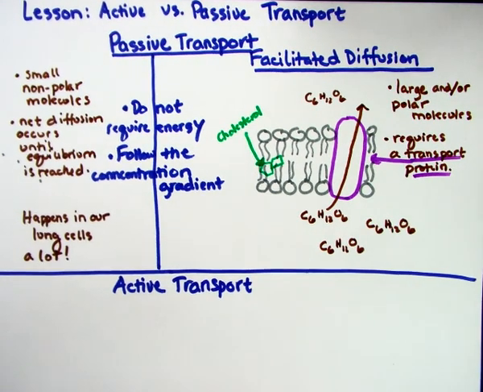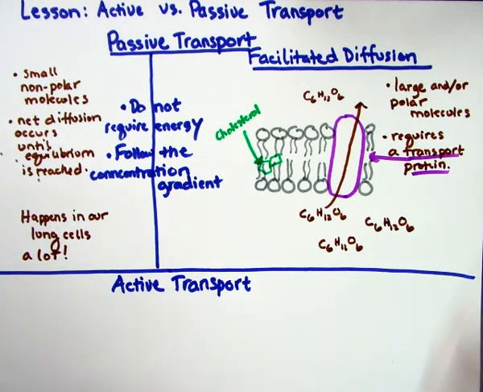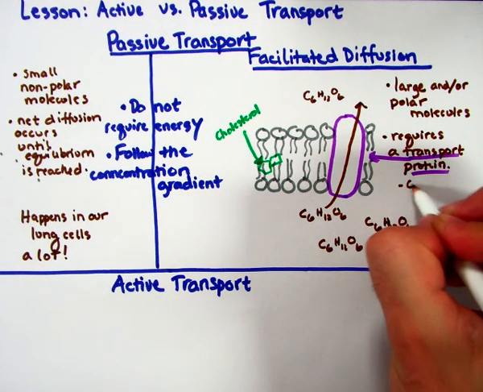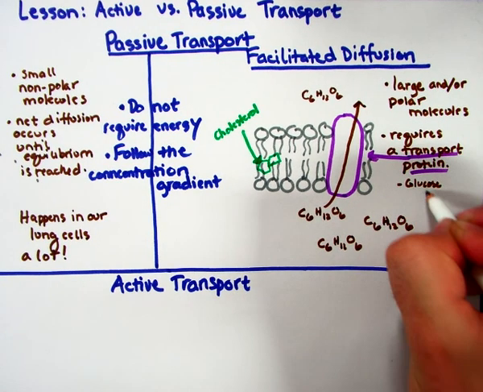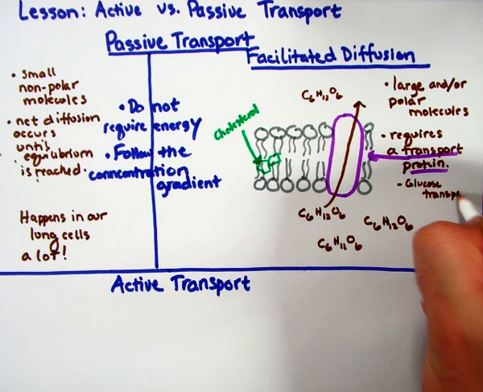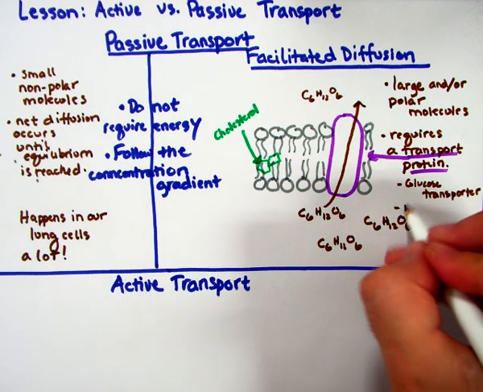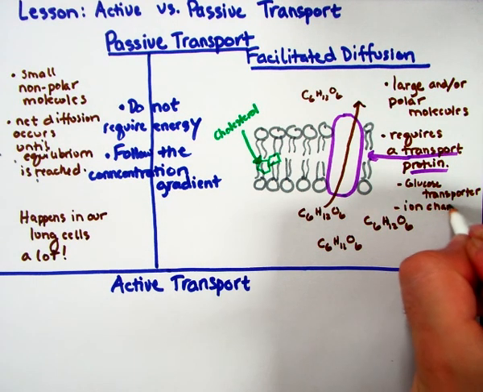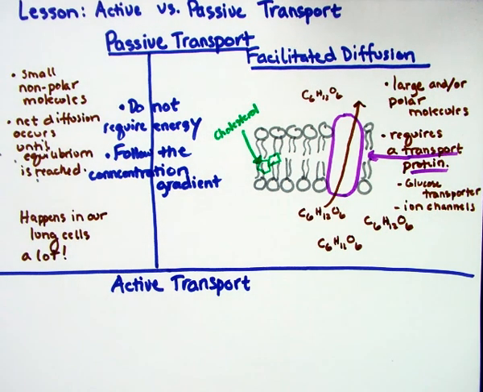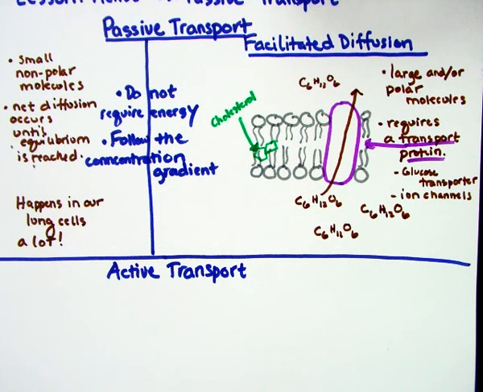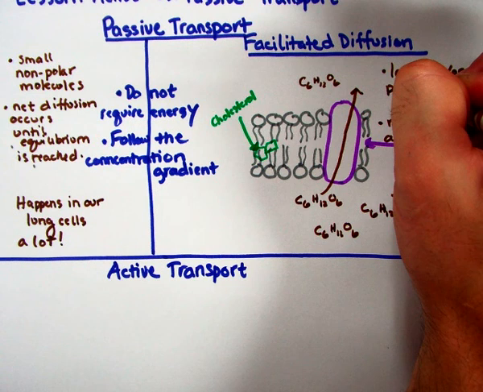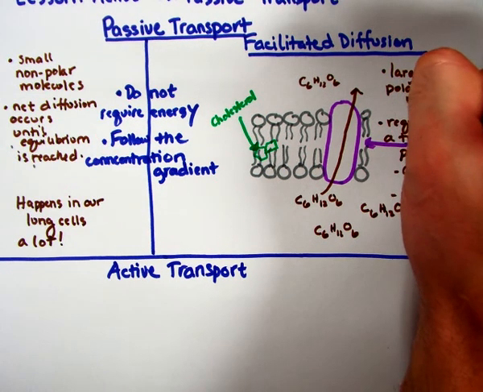Okay, you also will see some examples: glucose transporters and ion channels are another example. All right, ions, let me add something here real quick: large and/or polar/charged.